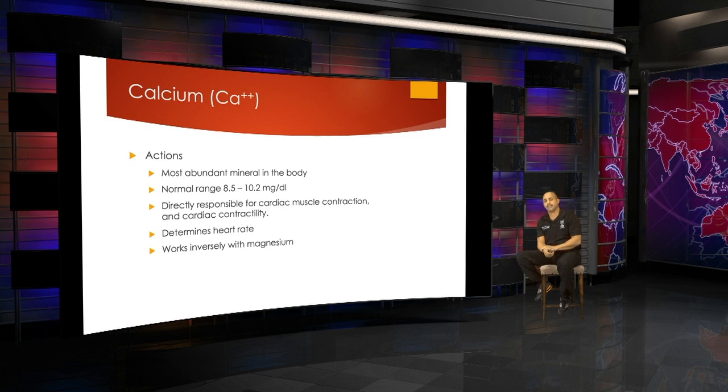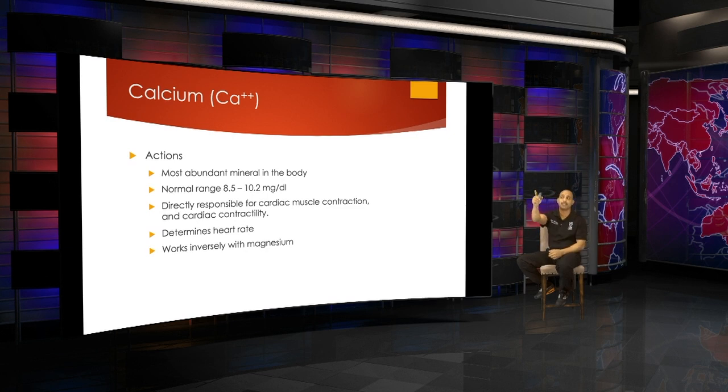I like to think of calcium as the strength, the muscle of the body, because what we're going to learn is calcium helps with contractility, really helps with the force of contractility. If you have good calcium, it's gonna make that, and it also hardens whatever it bonds to. So the normal range of calcium is 8.5 to 10.2 milligrams per deciliter.